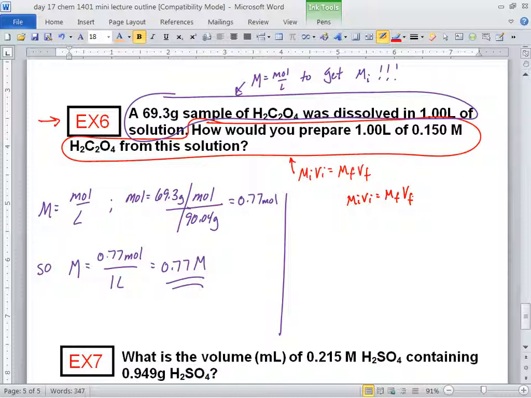Yeah, that's right. Compare your answers with the folks around you and make sure you write your sentence, because how would you prepare? And if you guys agree, just go on to the next one, EX7.